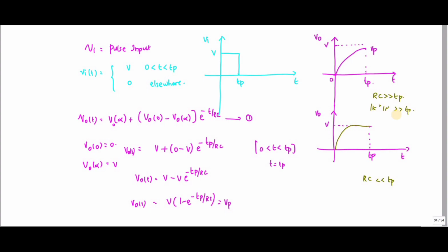There is also one more condition where TP is equal to RC. You can check the similar condition in your lab section. What happens when RC is equal to TP?